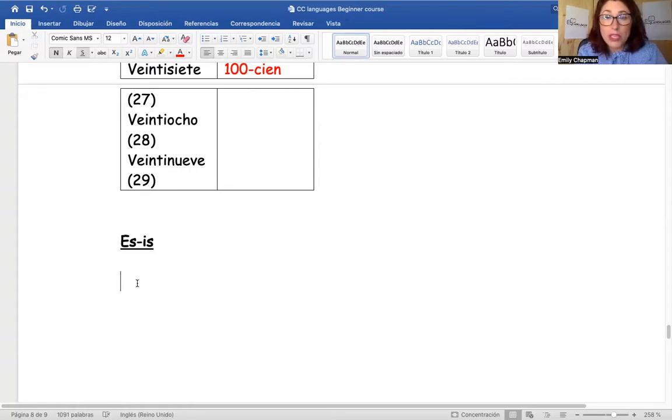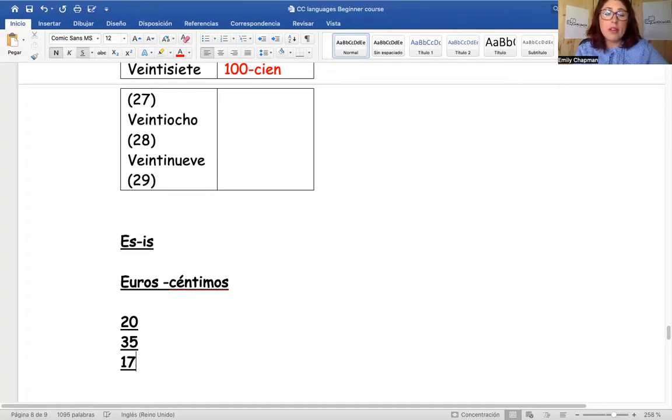So now, how much is it? Let's think. We have euros. In Spanish, we would say euro or euros, and then cents in Spanish, or céntimos. So imagine it's 20 euros. I would say 20 euros. Or it's 35 euros.